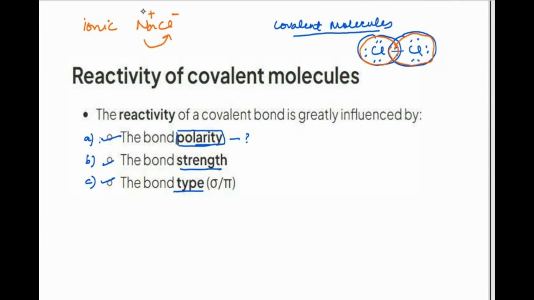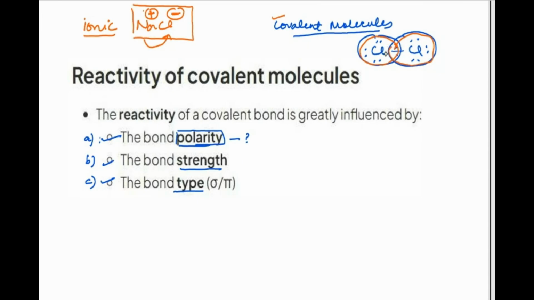So the sodium has formed a sodium ion and the chlorine has formed the chloride ion. So they both are opposite in nature. One is positively charged, another one is negatively charged. So they both have a strong electrostatic force of attraction between them. So this kind of molecule we can easily say is polar, because one is positively, another one is negatively charged. So it's understandable in the case of ionic.